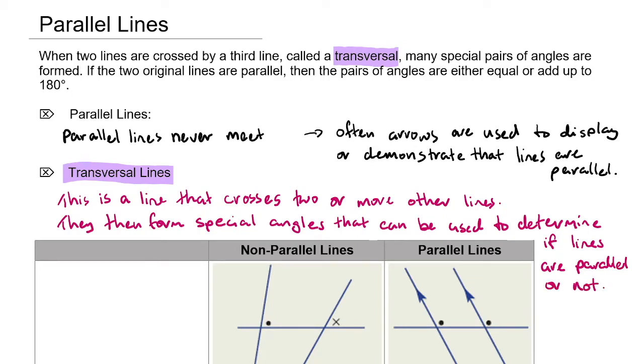And we can use these as a test to see if they're not parallel as well. So what we're going to have a look at is the three big tests that we use in terms of parallel lines.